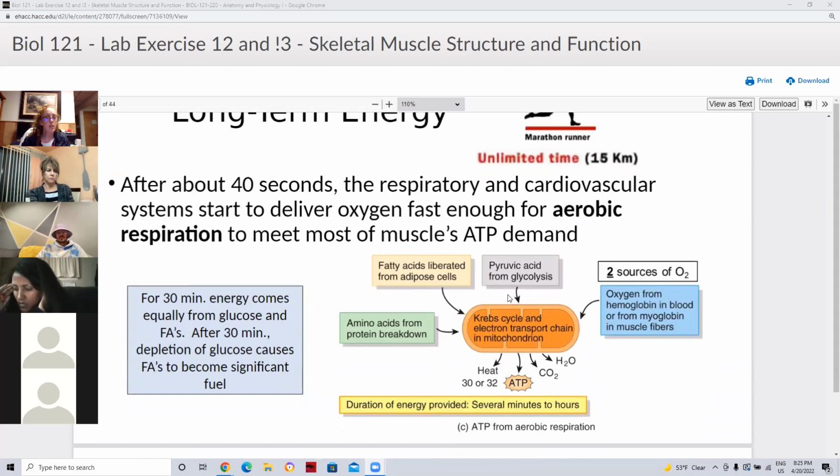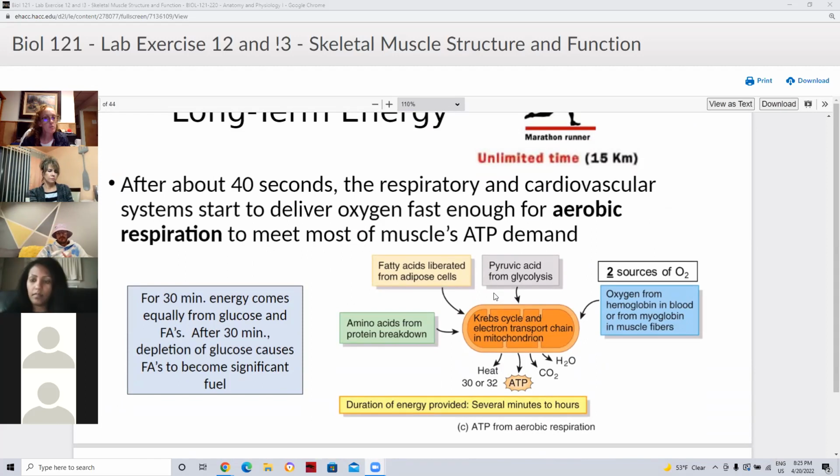For long-term energy, like 15 kilometers, after about 40 seconds, the respiratory and cardiovascular systems start to deliver oxygen fast enough for aerobic respiration to meet the demands.